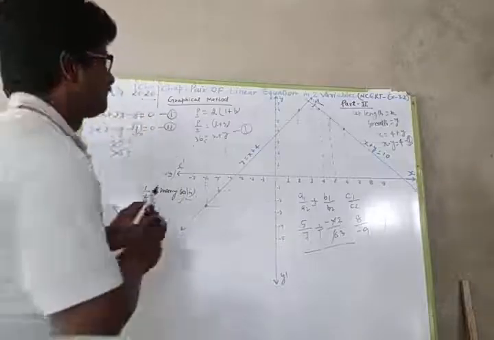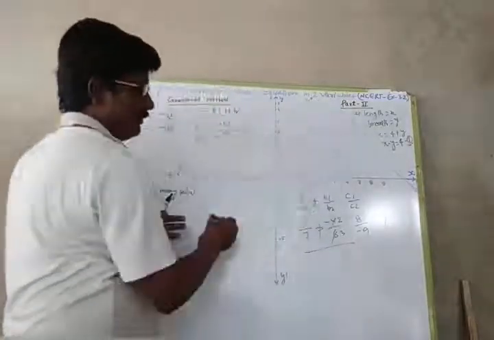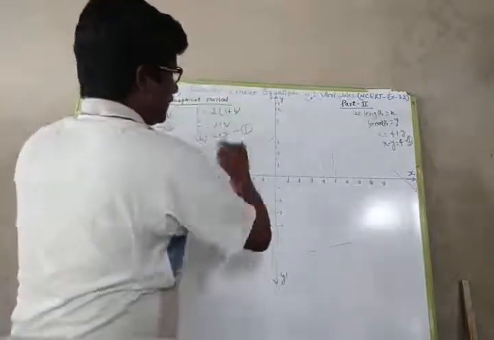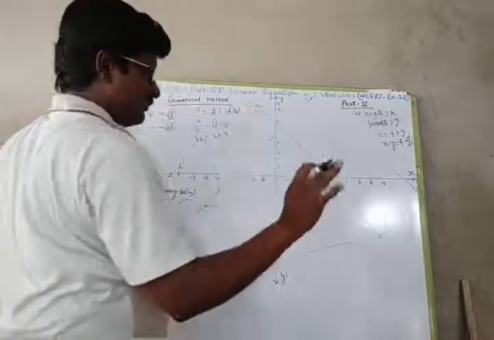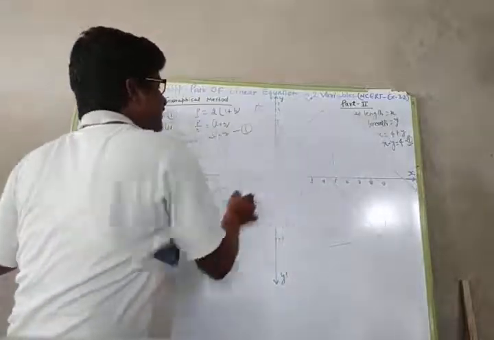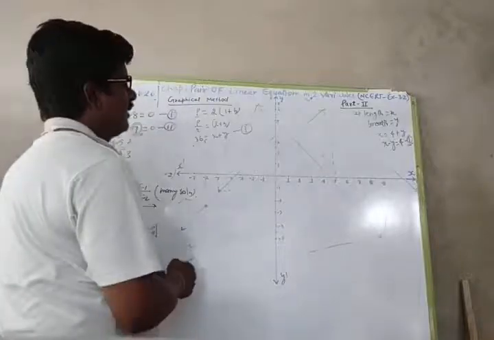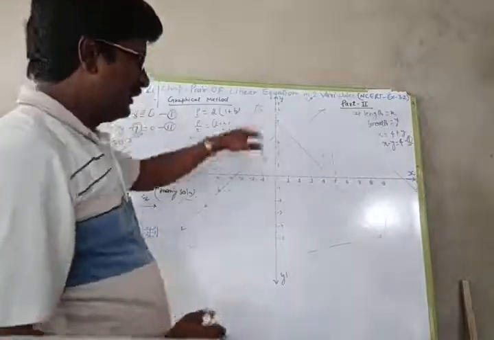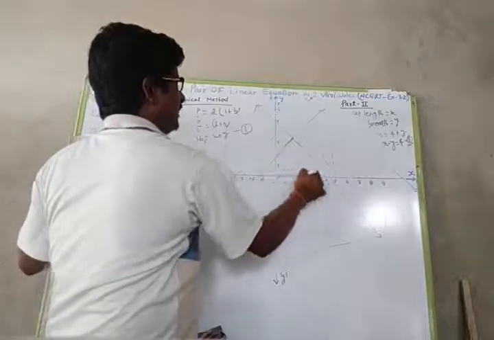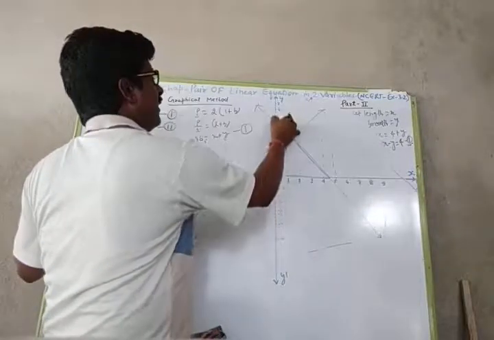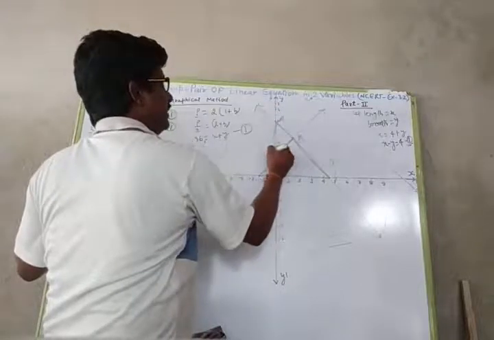So suppose I have drawn a graph, and suppose this line represents the first equation, and this line represents the second equation. Then after joining these two lines, what do we see? On the x-axis, this is the triangle, and on the y-axis, this is the triangle ABC.